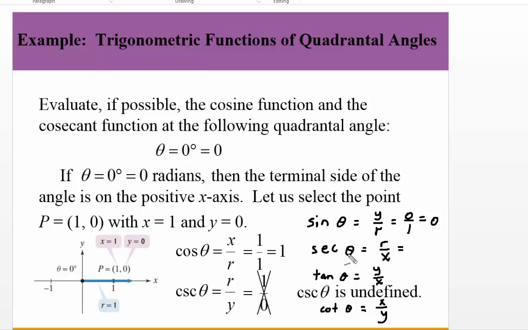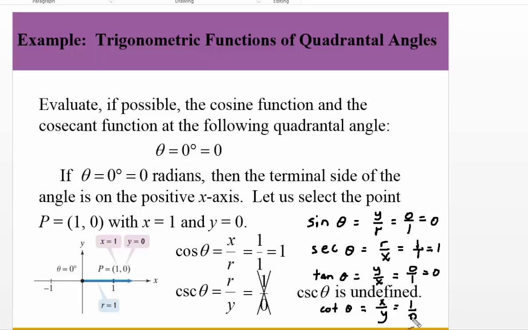Now, the secant of theta: if the cosine is x over r, which is 1, the reciprocal of 1 is still going to be 1, so it doesn't matter on that one. How about the tangent? The tangent of theta is y over x, so that would be 0 over 1, so we would get 0. The cotangent of theta would be x over y.